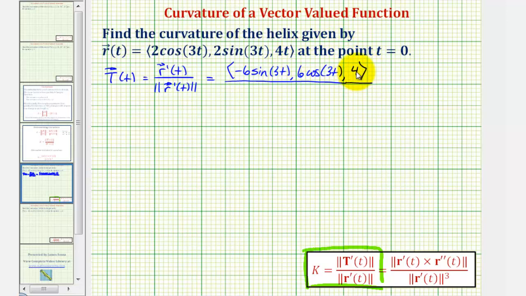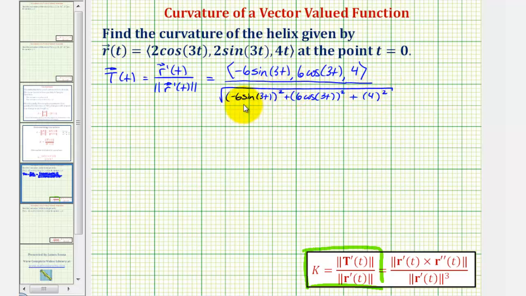And now we want to divide by the magnitude of r prime of t, which should be equal to the square root of negative 6 sine 3t squared plus 6 cosine 3t squared plus 4 squared.